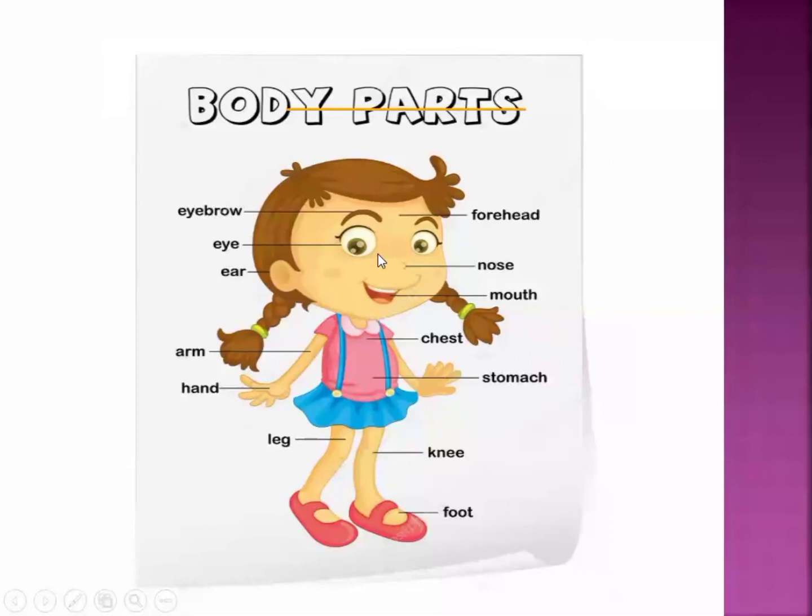We use eyes for seeing, ears for hearing, hands for touching, legs for walking. Just like the human body, a computer is also made with many parts which perform different functions.